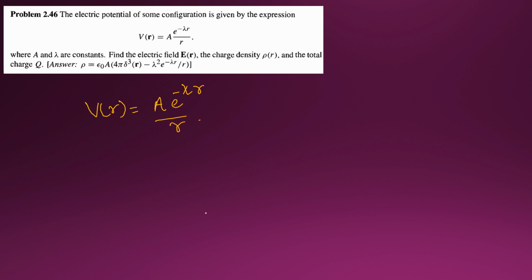Find the related field E(r), charge density ρ(r), and total charge Q.